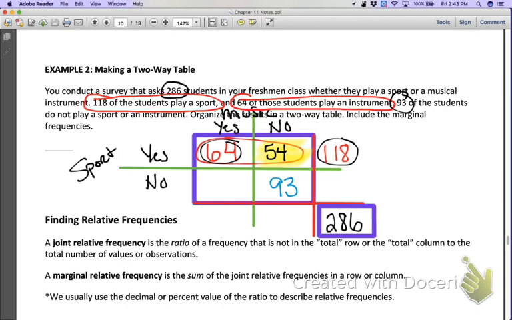So, I still have 2 spots, technically, I guess, or really 4 spots. I have 1, 2, 3, and 4 that I can fill in. Which one can I fill in? What's going to be an easy one to fill in? The yes.